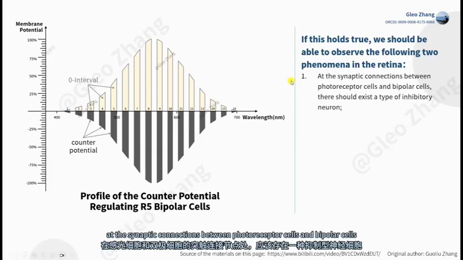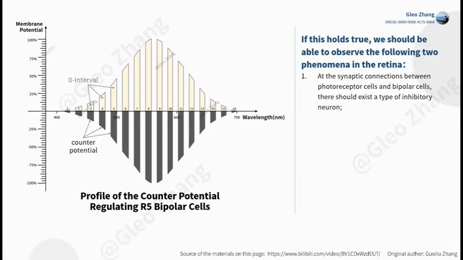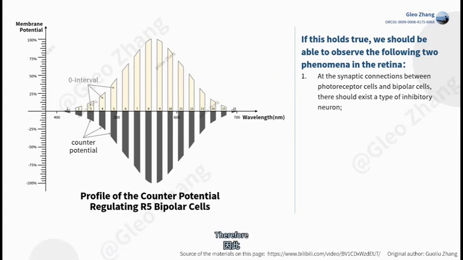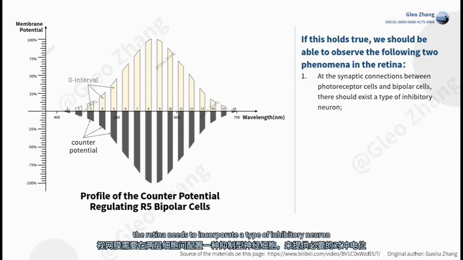First, in the synaptic connections between photoreceptor cells and bipolar cells, there should exist a type of inhibitory neuron. This is because both photoreceptor cells and bipolar cells themselves are excitatory neurons and cannot generate inhibitory potentials. Therefore, the retina needs to incorporate a type of inhibitory neuron between photoreceptor cells and bipolar cells to provide the necessary counterpotentials.